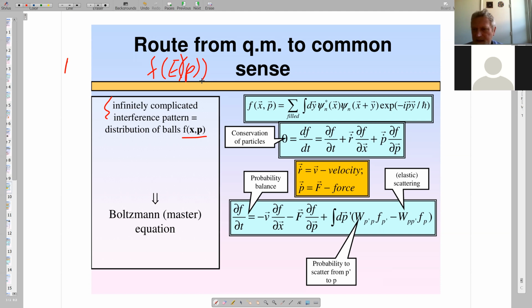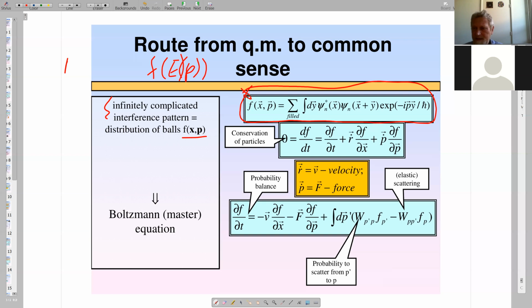One could proceed precisely quantum mechanically using the Schrödinger equation. One could define this distribution, this filling factor, which depends on x, with the help of quantum mechanical formulas. So we make a sort of density matrix. We sum up over all filled states. That's what we get.